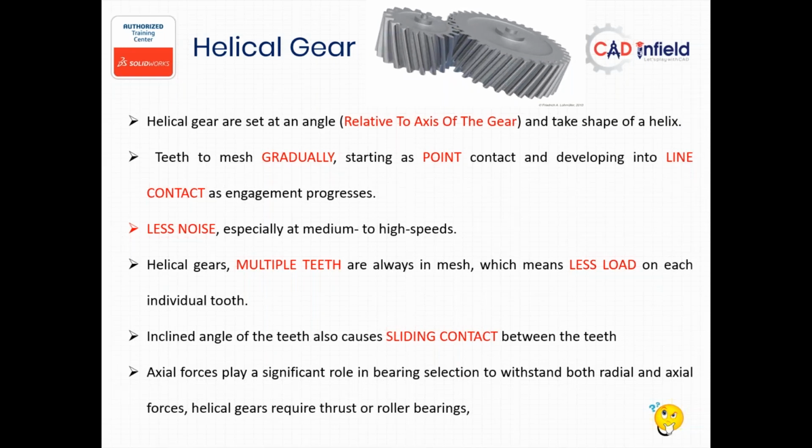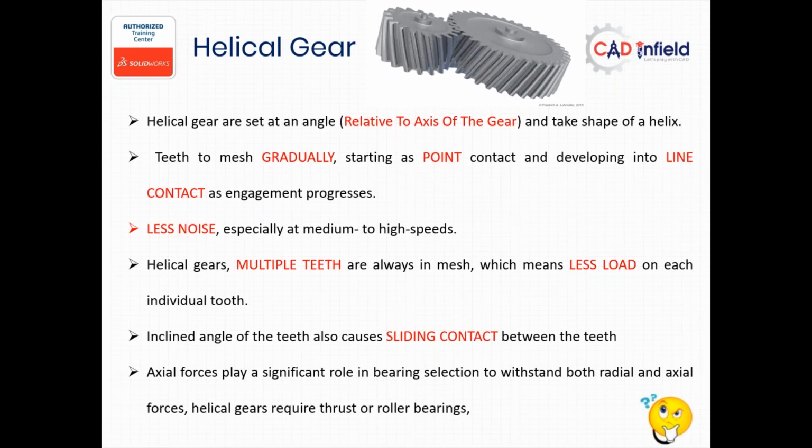So for a helical gear, for location of the shaft, you also need to design a bearing accordingly, for that specific load. For a spur gear, there is no need to design a heavy roller bearing. But here, due to successive engagement and multiple teeth, an axial force is created, and bearing selection plays a significant role when we use a helical gear.